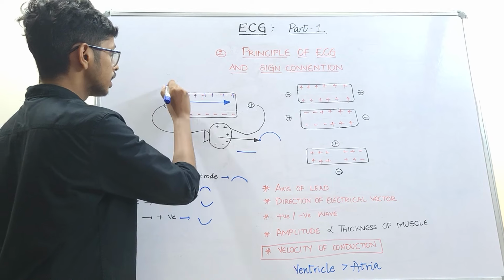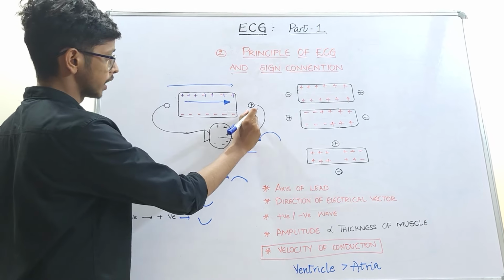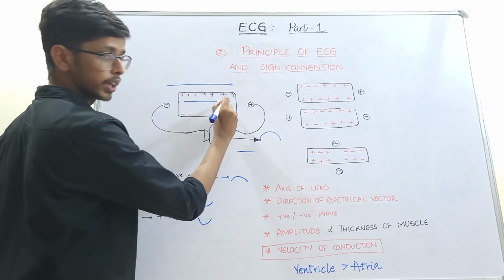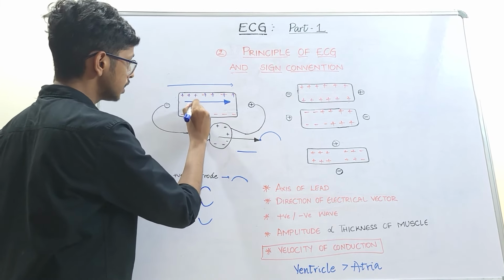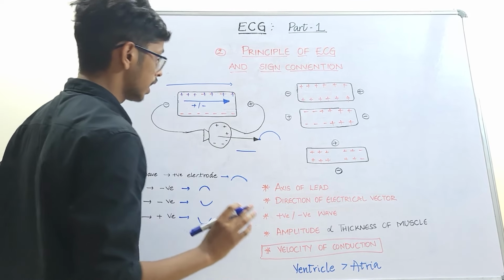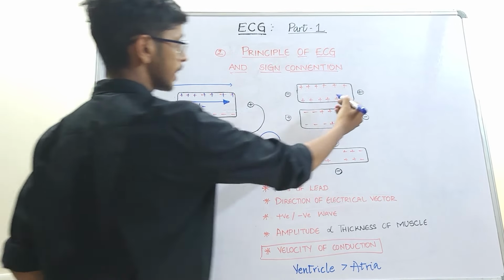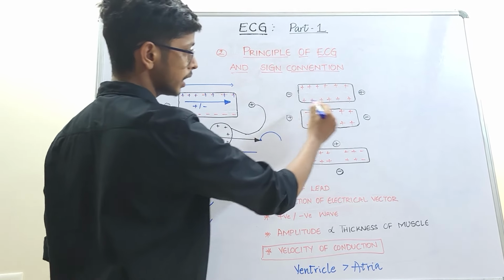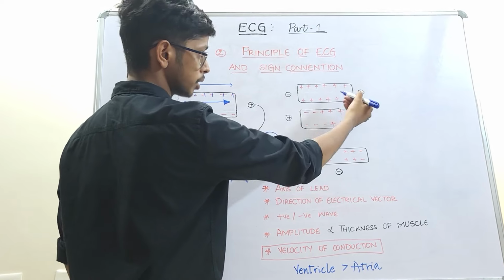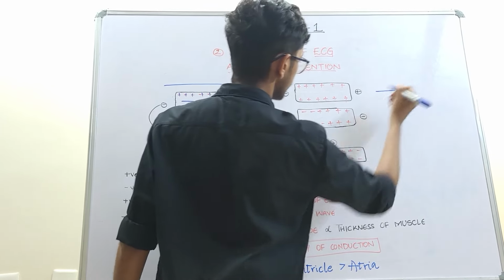This is the axis of the lead, guys. The lead, negative to positive, is the axis of the lead. This is the direction of the electric current, and we should be clear about whether it is positive or negative. Suppose we take this example: the inside of the cell is completely depolarized, inside is completely positive, there is no electrical charge moving, so we will get an isoelectric line.